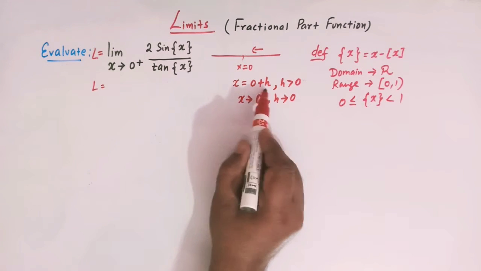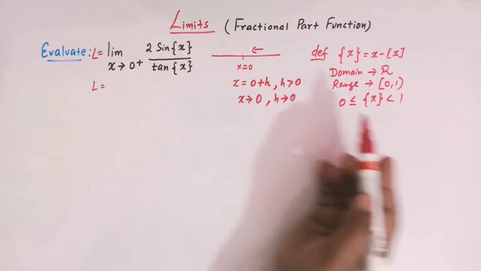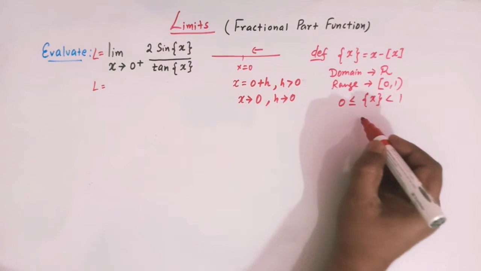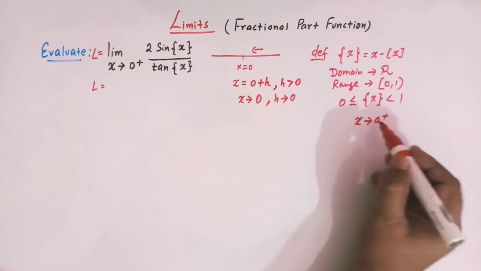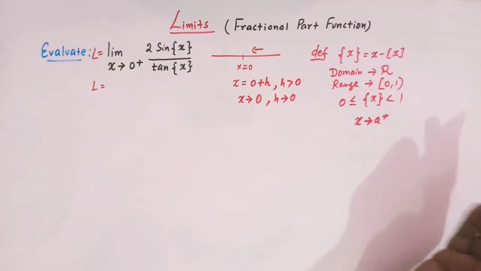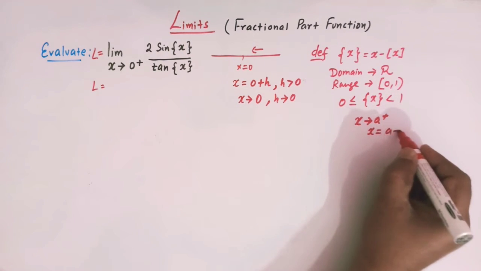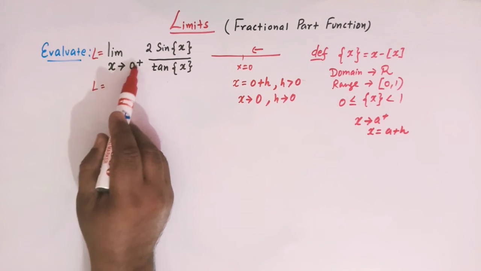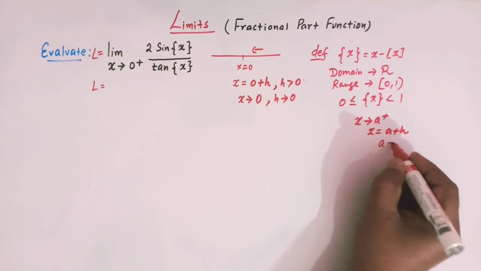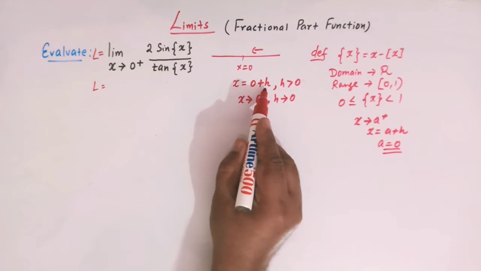We have taken the substitution x is equal to 0 plus h because, in general, if x tends to a plus, that is x tends to a from the right of a, then we always take x is equal to a plus h. Here x tends to 0 plus, so a is equal to 0. That's why we have x is equal to 0 plus h.